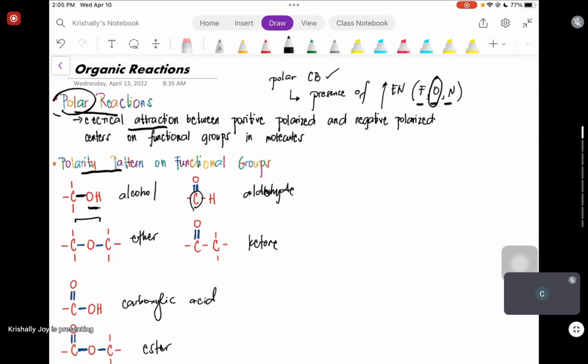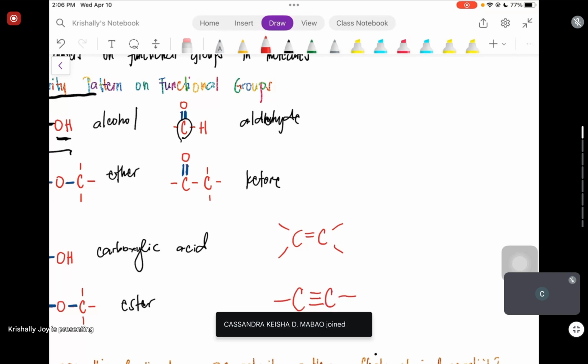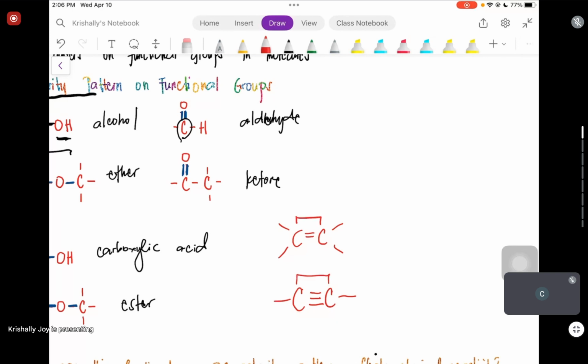Okay. However, if we look at the hydrocarbons alone, the purely hydrocarbon functional groups, for example, alkenes, also alkynes, and even alkanes, the functional group they have is simply the presence of multiple bonds between carbon atoms.